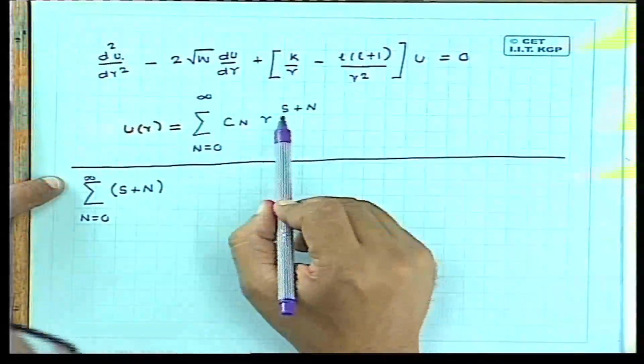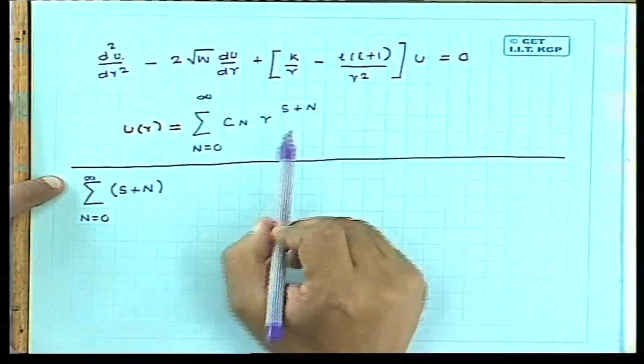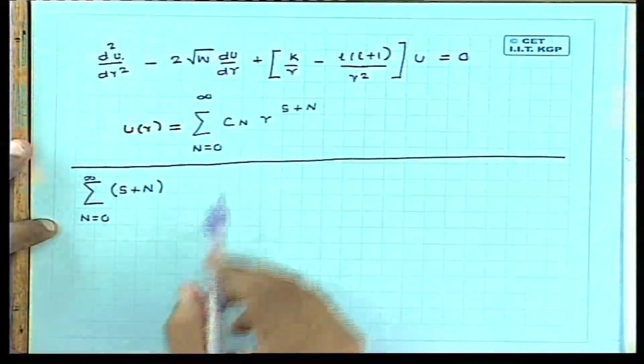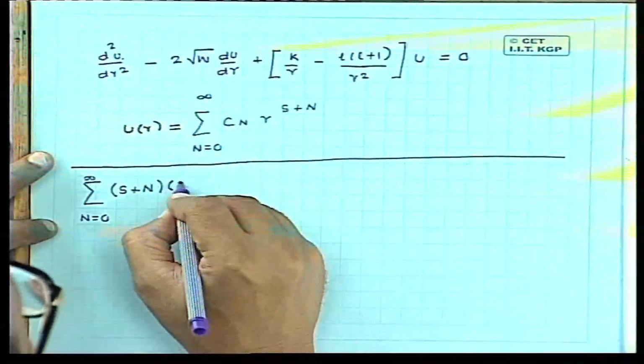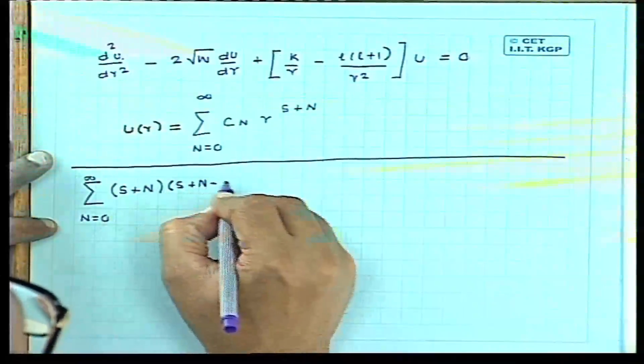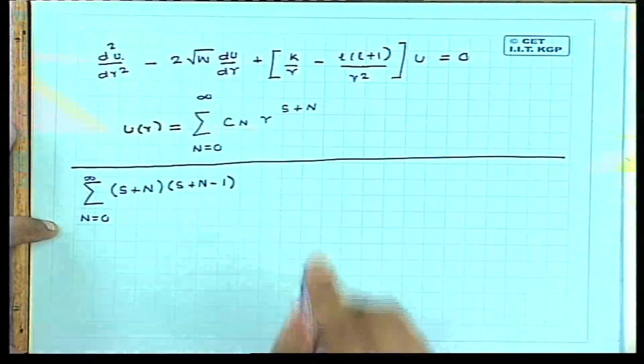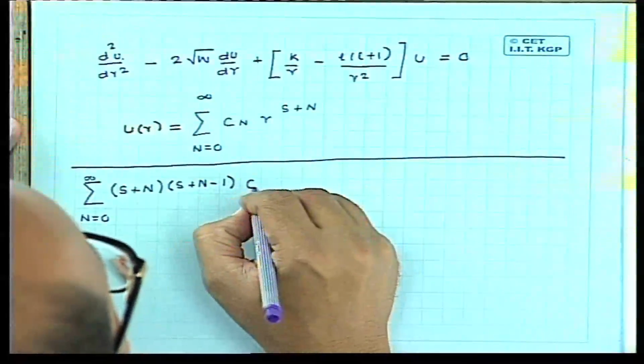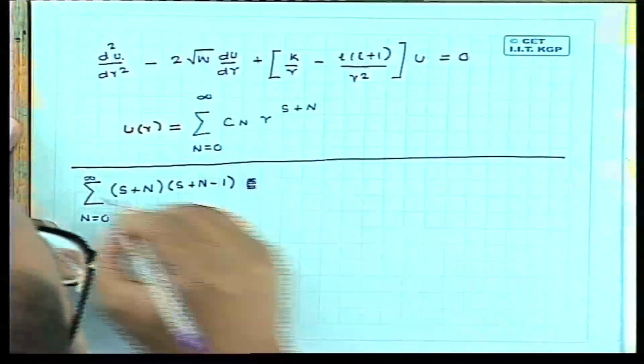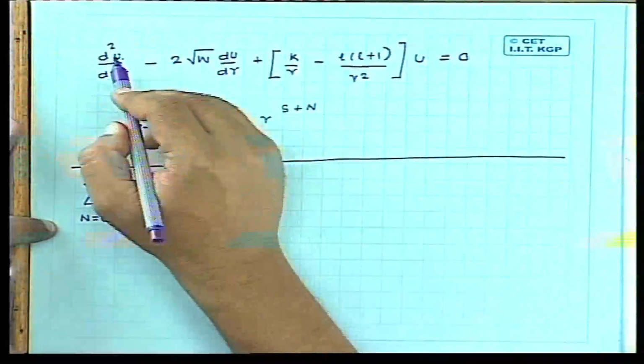When I differentiate r to the power of s plus n, I will get a factor of s plus n. If I differentiate it again, I will get s plus n minus 1, and then I have c n, which is one of the coefficients which will appear from this.